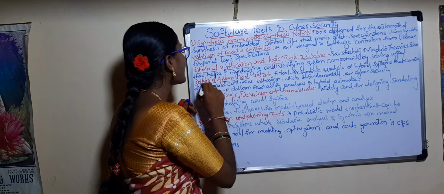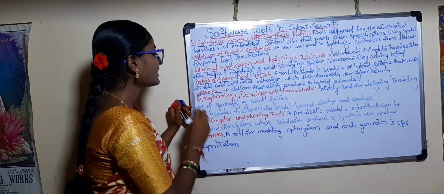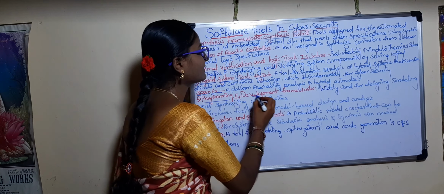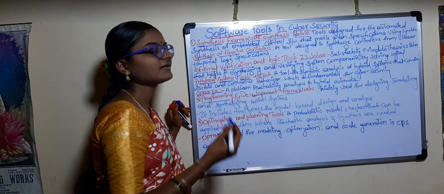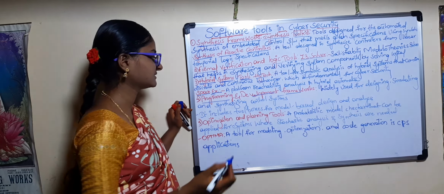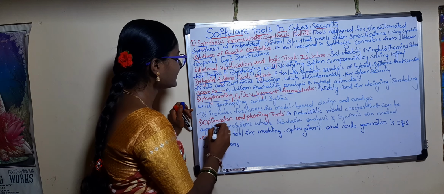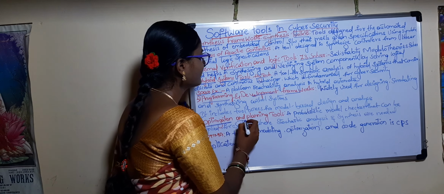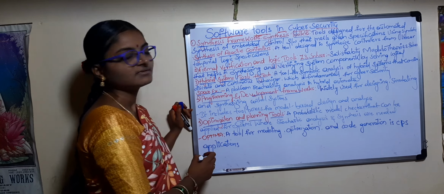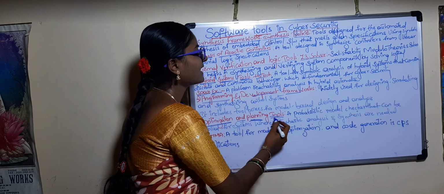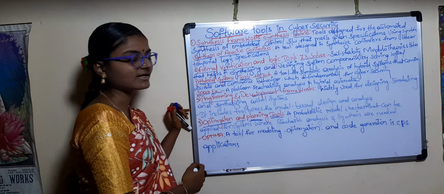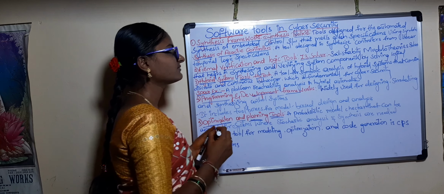In this, HyTech, and next, SpaceEx. Next, programming and development frameworks, in which we will develop the frameworks. The fifth method is optimization and planning tools, in which we will use the optimization and planning tools. Now we will see each one of them in these software tools.